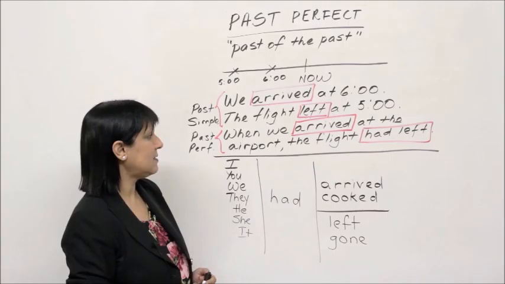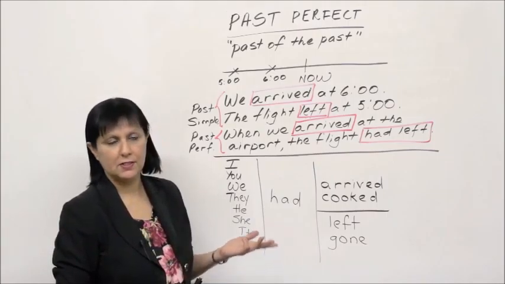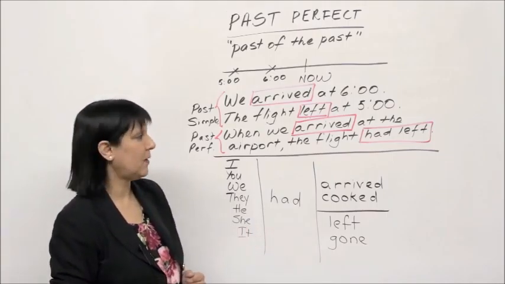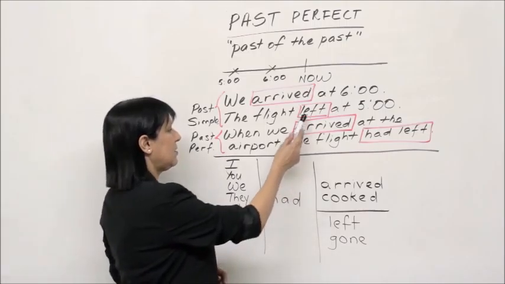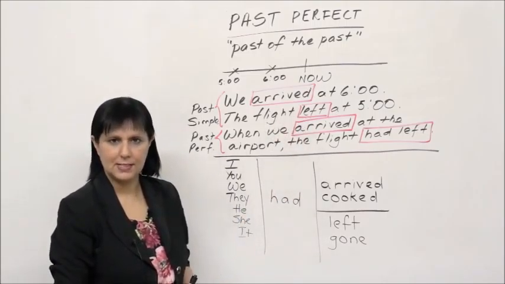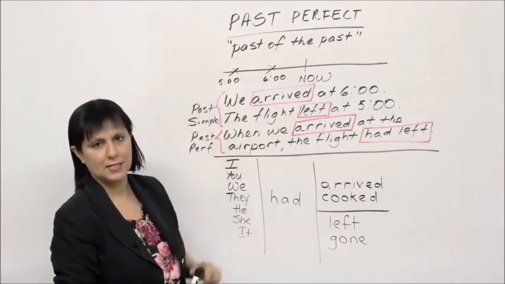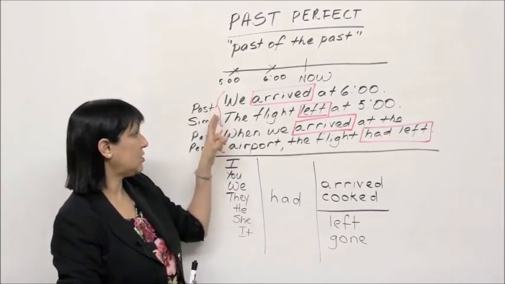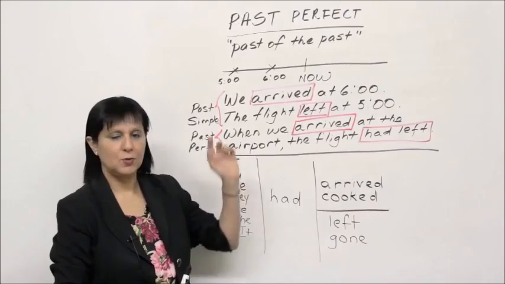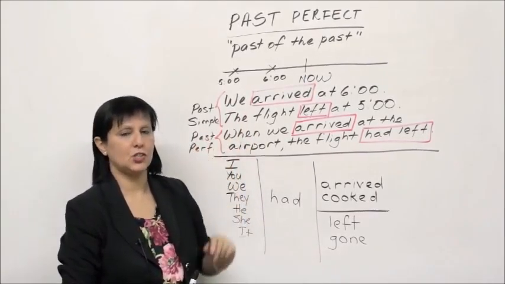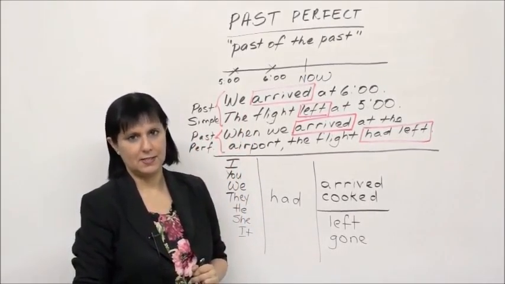Another past tense sentence, the flight left at 5 o'clock, all right? That's another past simple sentence. All right? But these are two separate sentences, and therefore we just use the past simple. We didn't yet make any connection between these two events.